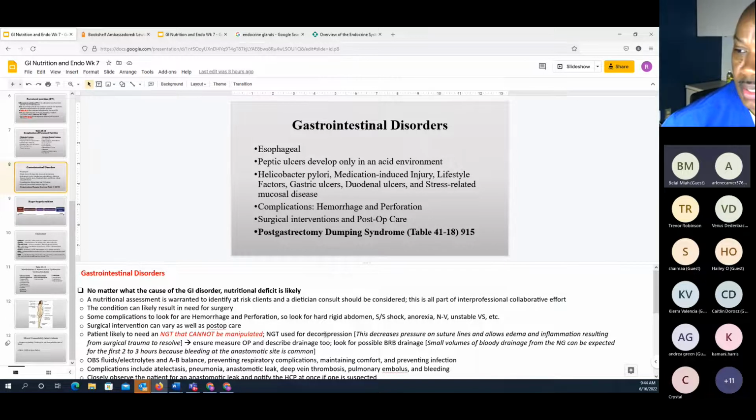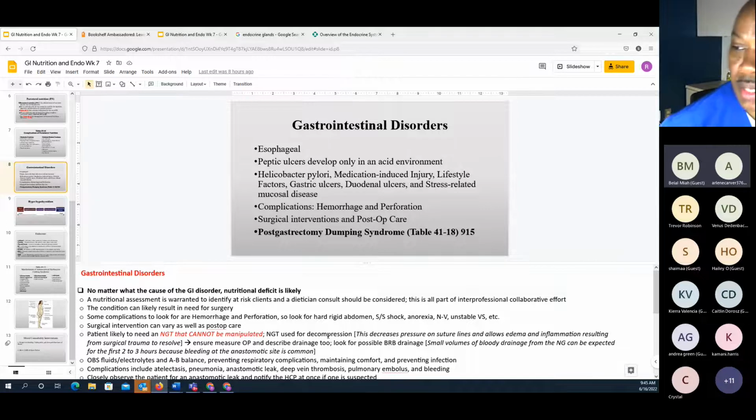The NG tube, of course, we're providing in order to decompress the stomach. During surgery, when those bowels go to sleep, these patients develop a lot of flatus and whatnot.